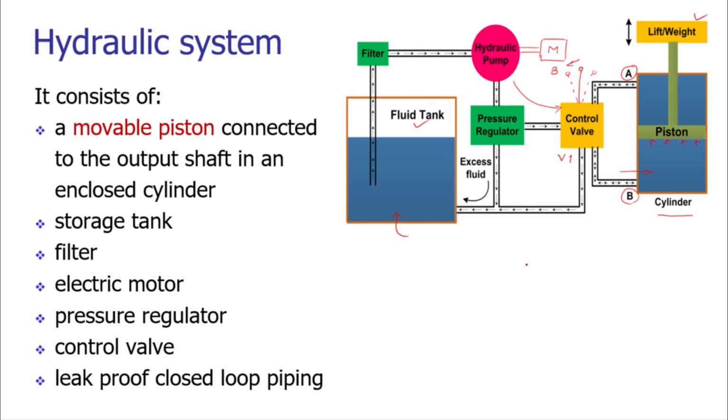To lower the load, we have to operate side B of the control valve, so that the pressurized fluid will be applied on the other side of the piston, and in this way we can lower the load.